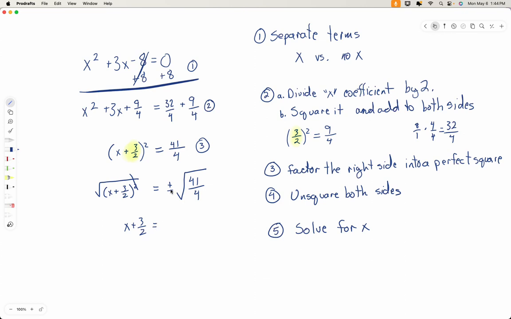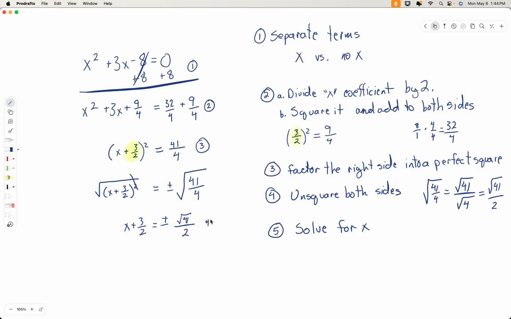And we know that when we have this, this is equal to this. So that allows me to go ahead and solve this one. So it is 41 over 2. So I can resolve that or simplify that a little bit more. So then this becomes plus or minus the square root of 41 over 2.